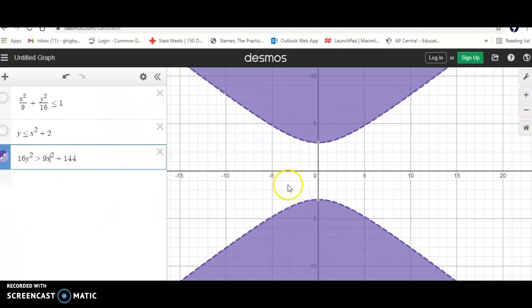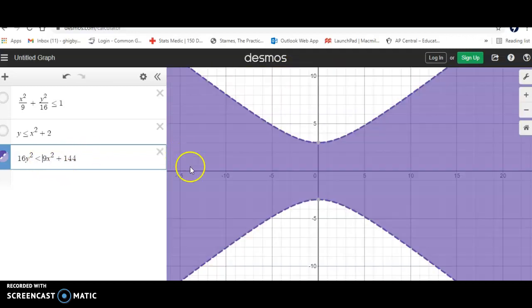So let me hide that so you can see. So I think now it's pretty clear what I meant by three regions. There's a region down here, there's a region in the middle that includes 0, 0, and then the region up here. So if this were a different problem, let's say it was less than, see how the 0, 0 would have worked, and we would have wanted that middle region instead of the top and the bottom.